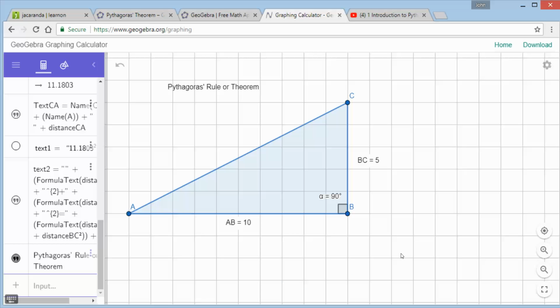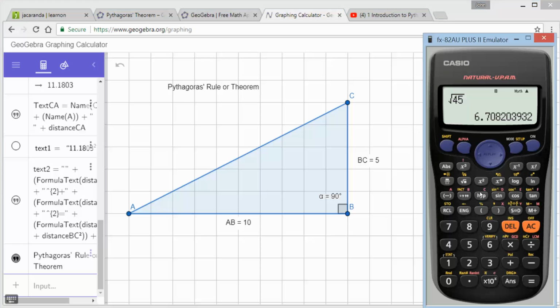So when you're ready, here we go. Hopefully you would have said, well, the shorter side's 5, so I need 5 squared. Let's go to our calculator. And then I need to add that to the square of the other shorter side, which here is 10. And we add them together, we get 125.